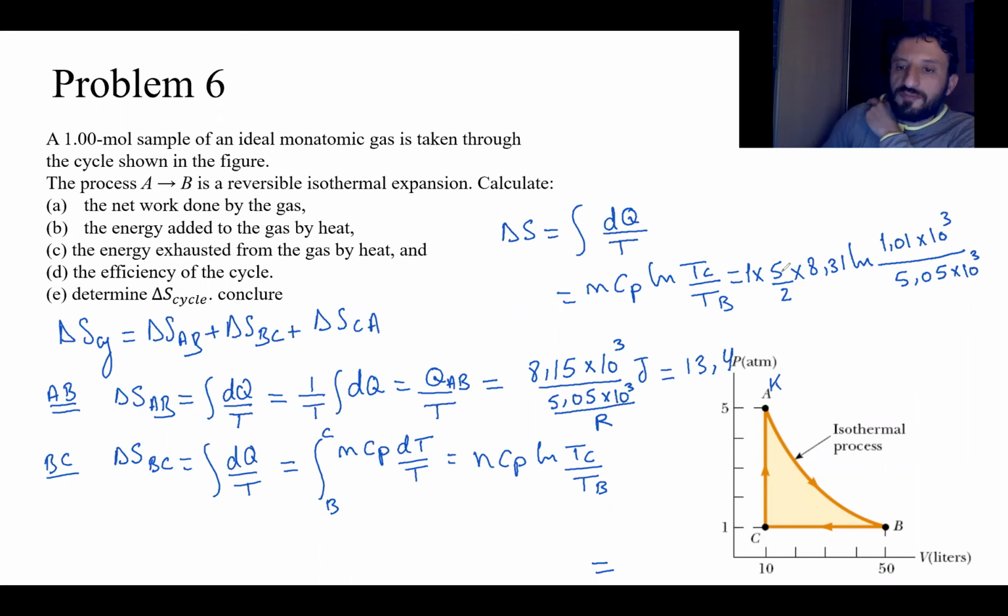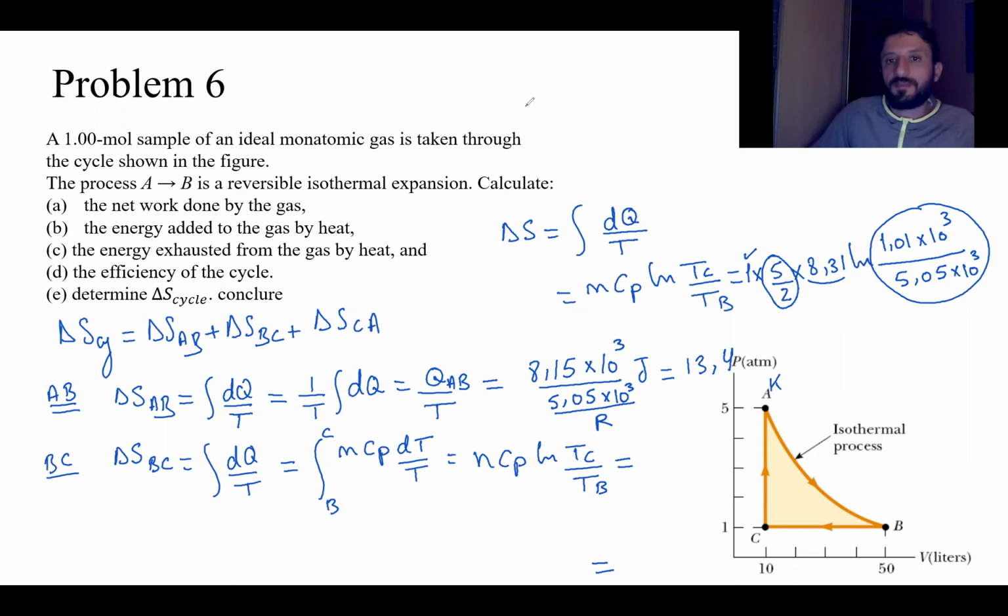As you see here, we have n equals 1, Cp equals 5 over 2 times R, ln TC divided by TB. We get finally the answer: it will be minus 33.3. You know the unit here, joule per Kelvin. This is delta S BC.